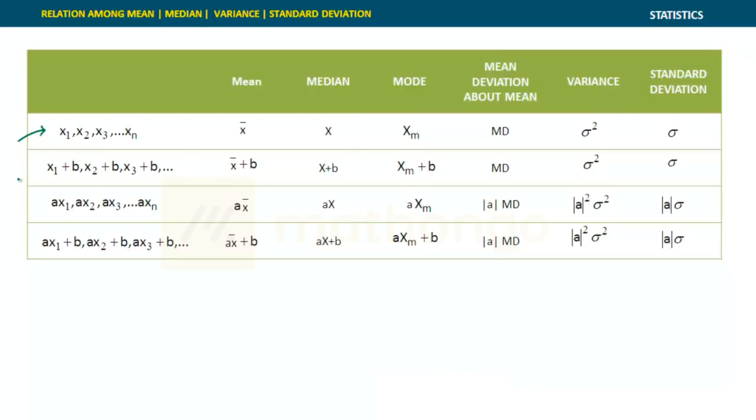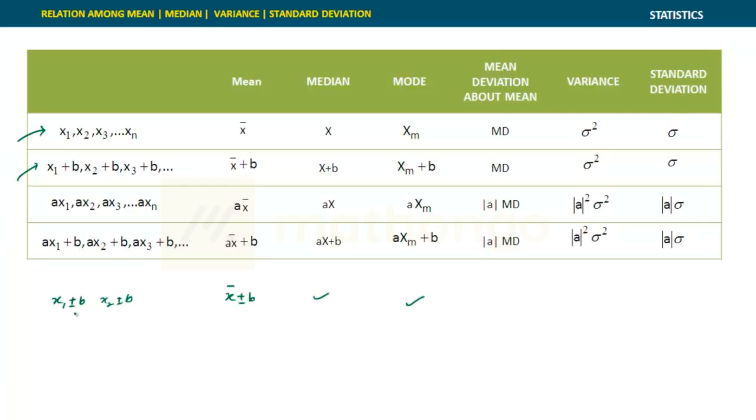So if you add or subtract a constant number to all the data, for example x1 plus minus b, x2 plus minus b and so on to every data, mean will change correspondingly, plus minus whatever. And the same will happen with your median and mode.